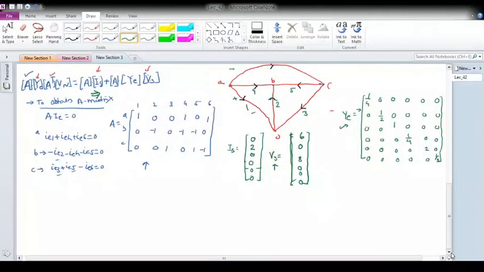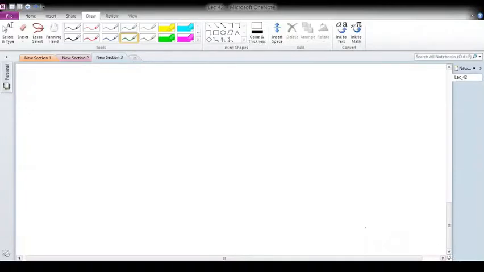First calculate A Y A transpose into Vn, which is on the left side, and what was on the right side?